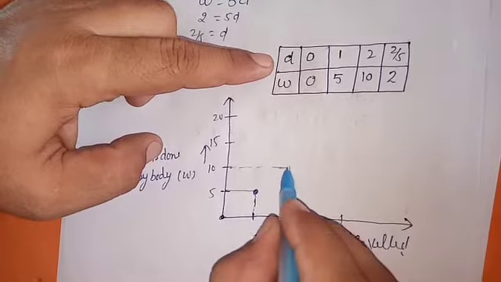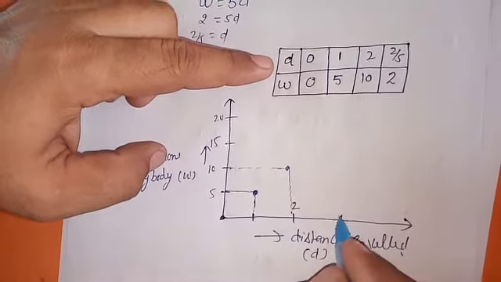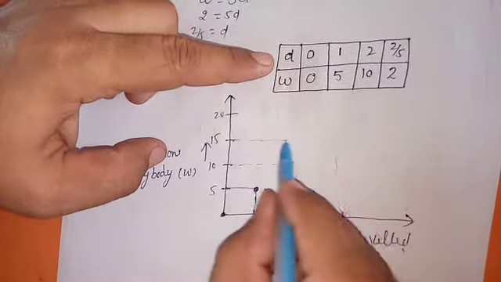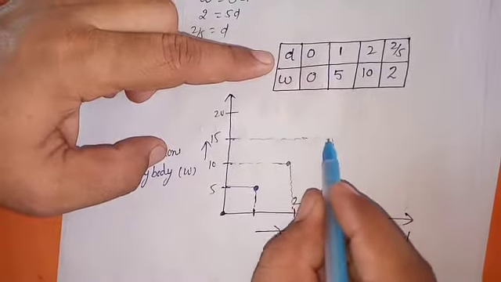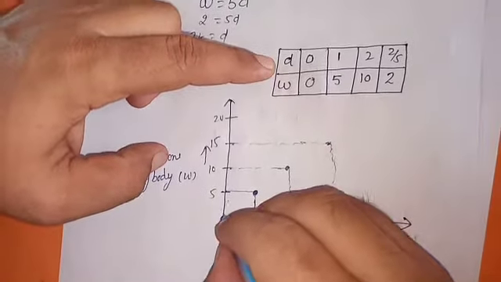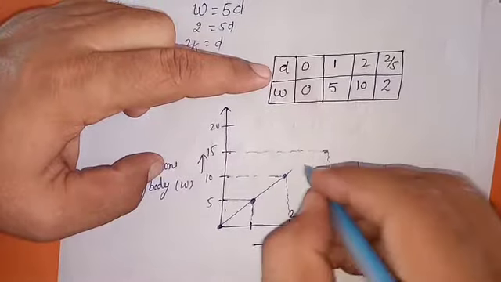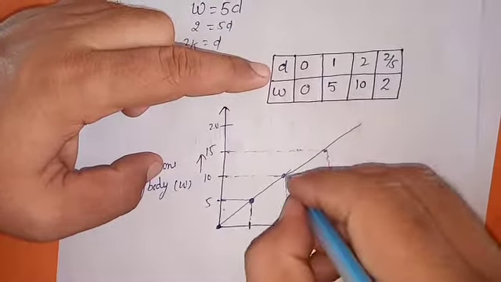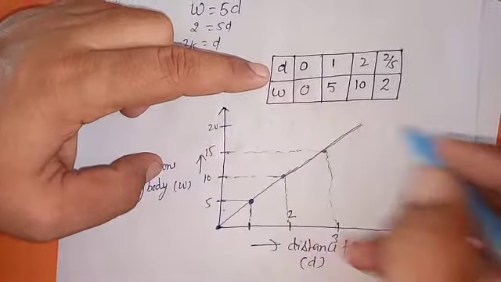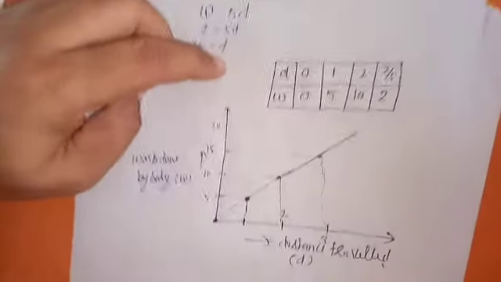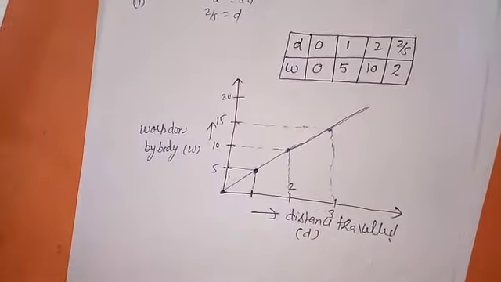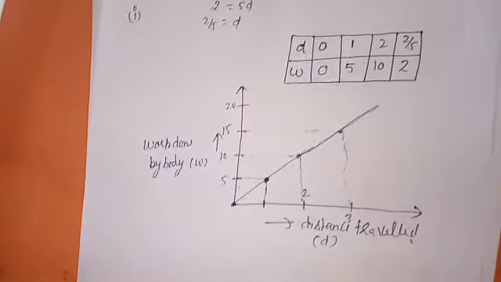This is 10. If you take 3, this is 15. So what's the graph of this? It's a straight line. Okay, as distance traveled increases, the work done by the body also increases.